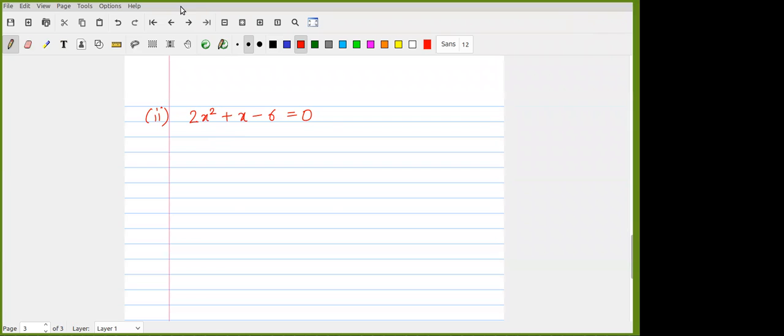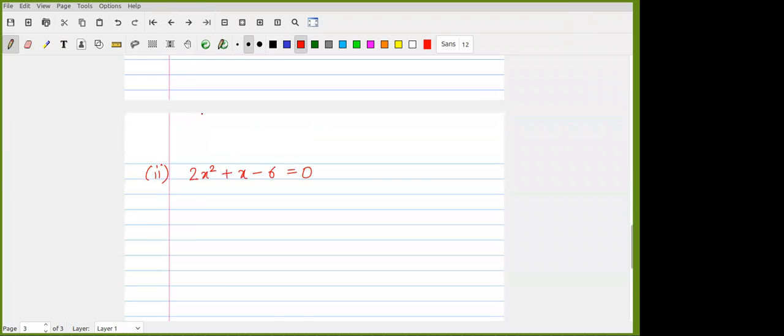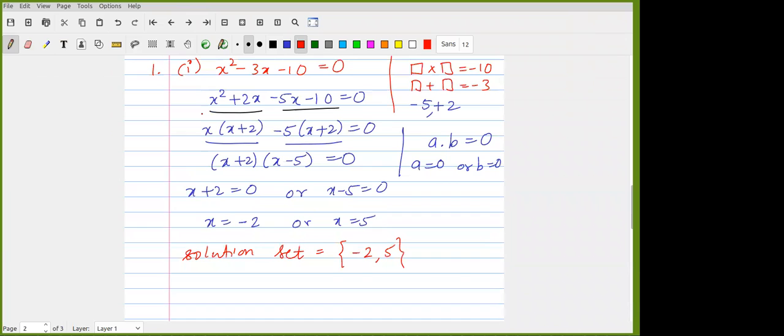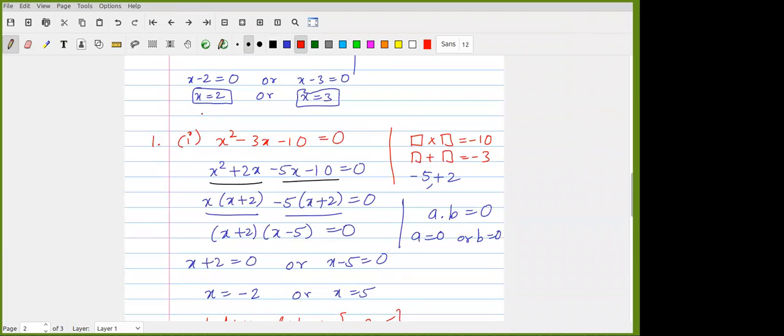Hello, am I audible? Yeah. Now see, in all the problems we did, like we did only two problems, every time the coefficient of x square was how much? 1, right? In this problem, the coefficient of x square was how much? 1. Yes or no? In this one, what was the coefficient of x square? 1, right?